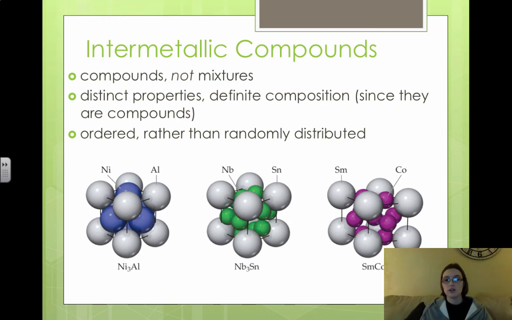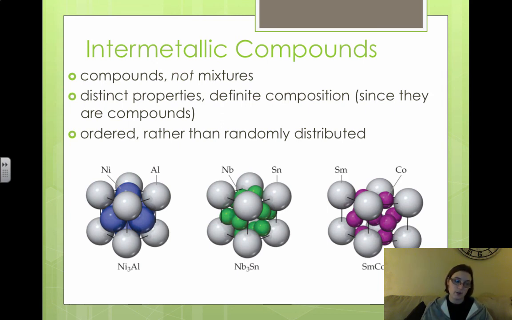So unlike the other types of alloys, which are mixtures, the intermetallic compounds have specific order to them. And the order of the atoms generally leads to better stability. So it's more stable in terms of the structure, which also gives it higher melting points than what you might observe in the individual metals.